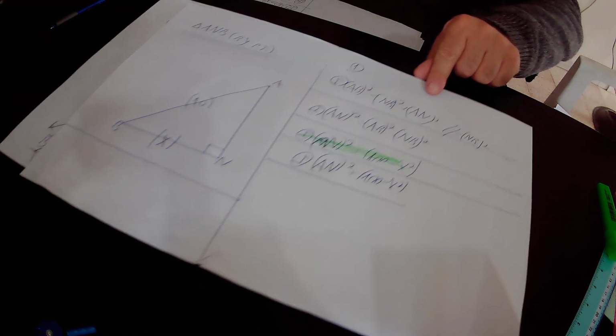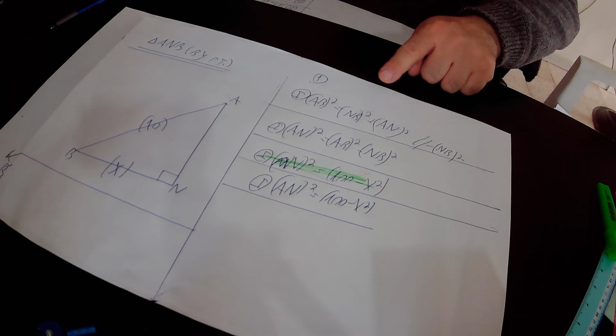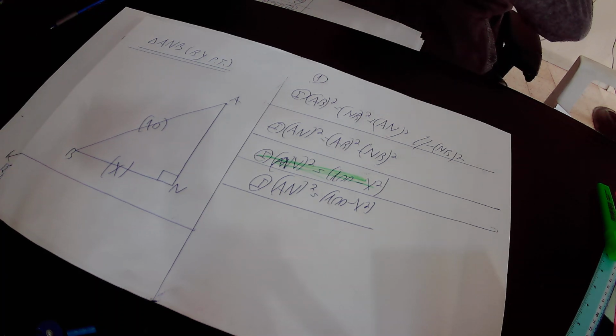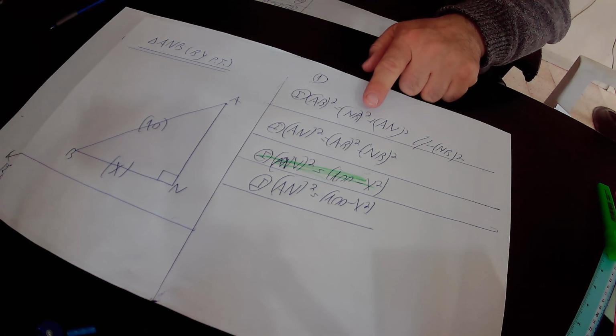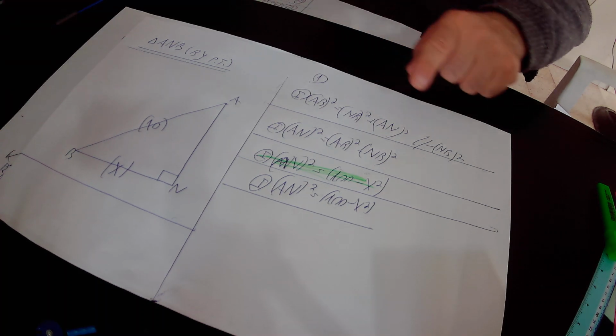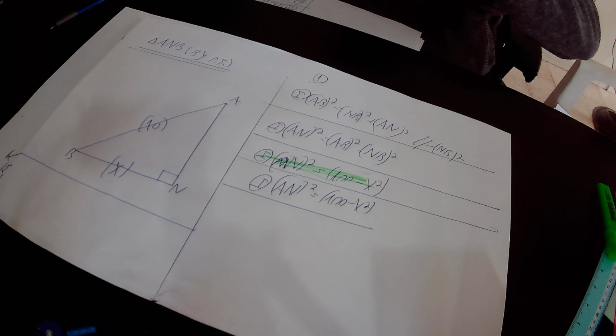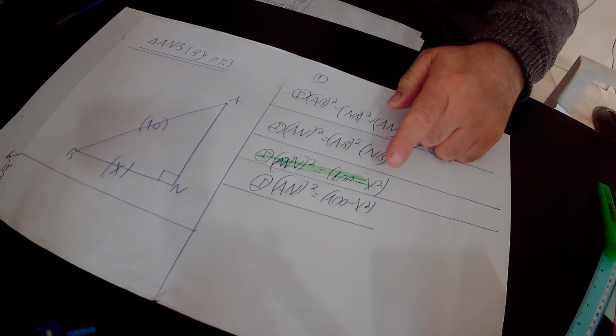We subtract BN squared from this equation, equation 1, and find that AN squared equals AB squared minus BN squared. AB is 10, therefore AB squared is 10 squared, that is 100, minus BN squared. BN is x, therefore BN squared is x squared. So according to equation 1, AN squared equals 100 minus x squared.